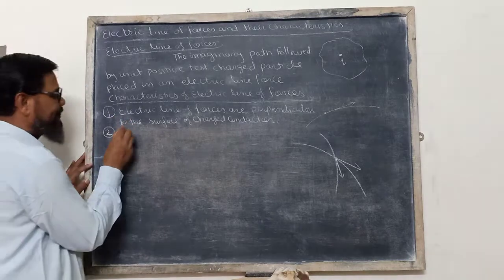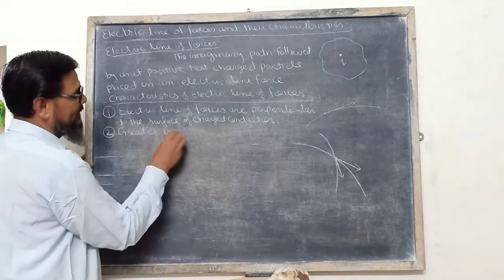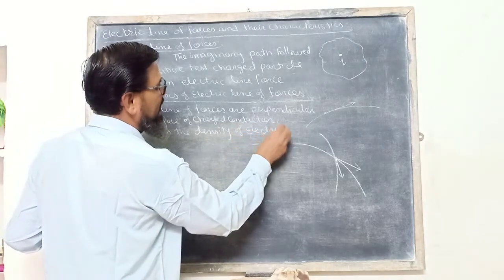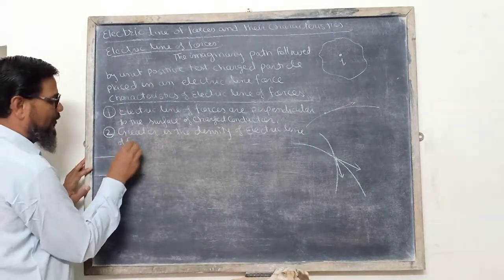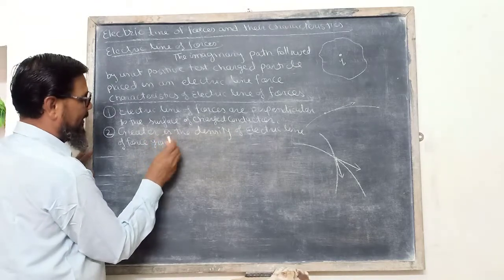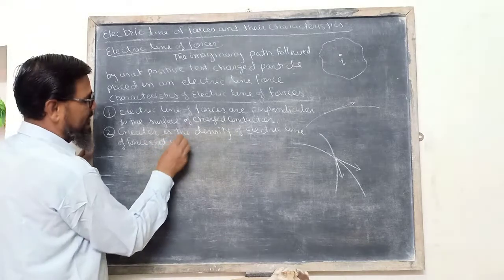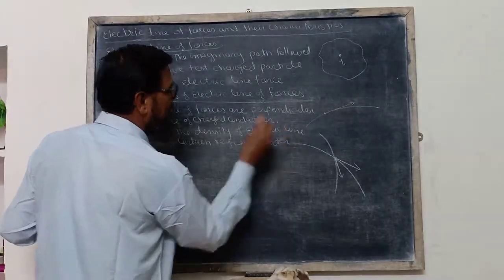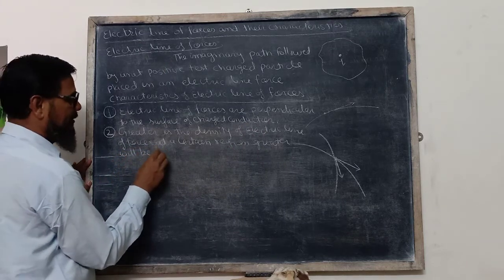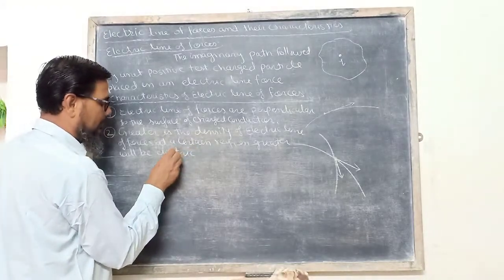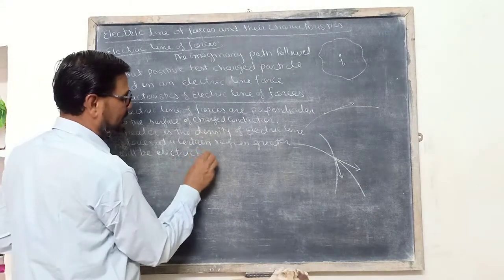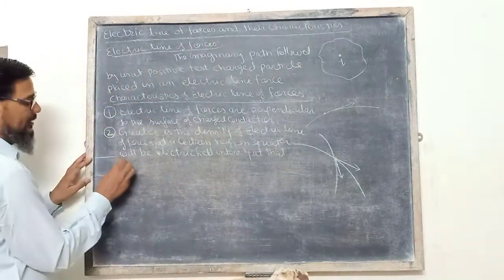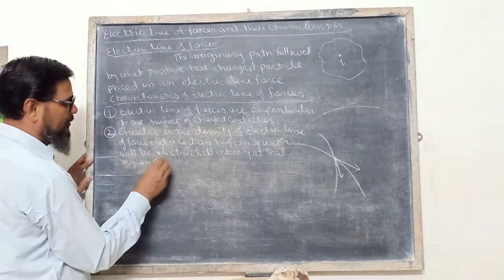The second characteristic is, greater is the density of electric line of forces at a certain region, greater will be electric field intensity at that region, or vice versa.